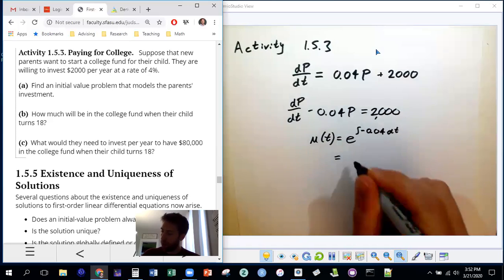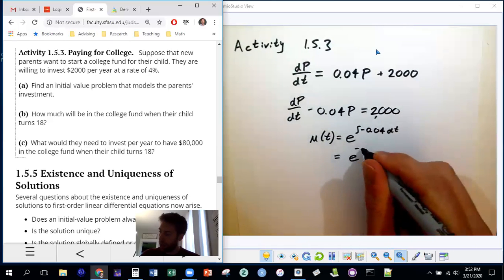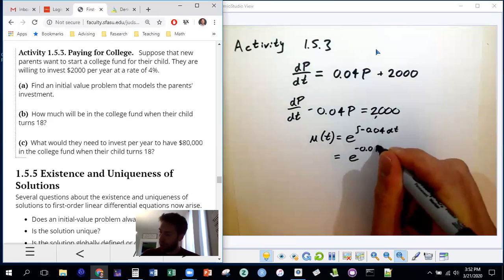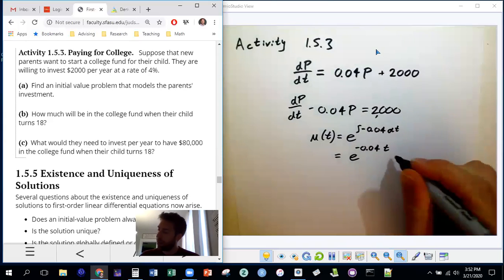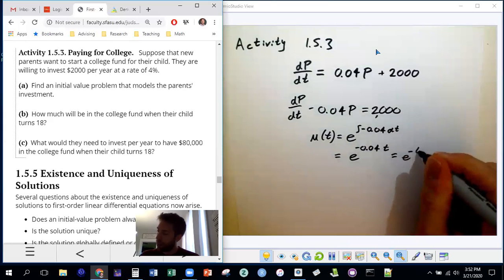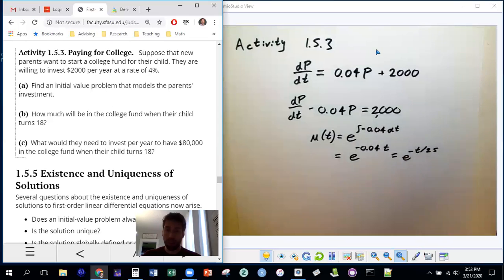So that's equal to e to the negative 0.04 t. If you don't like writing decimals, you could also write that as e to the negative t over 25, because 0.04 is 1/25. I think I might stick with the decimal form, perhaps.